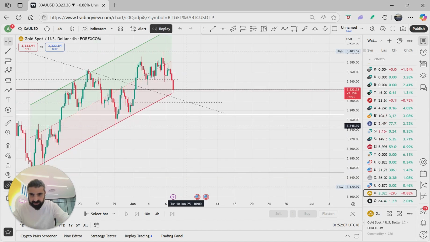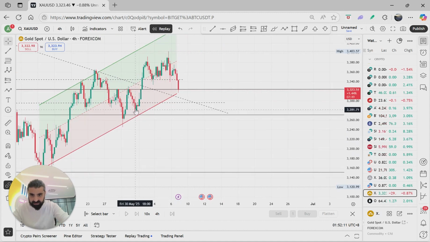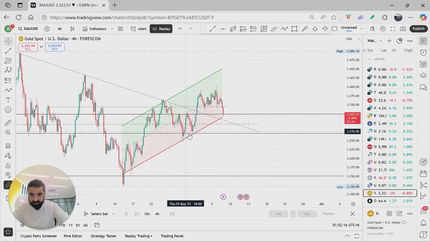So we did see positive momentum around the 30th of May. It broke its resistance, right? Bounced from the support level but couldn't hold, and now has come down and is sitting on its key support, which was a resistance that it broke on the 2nd of June, right?